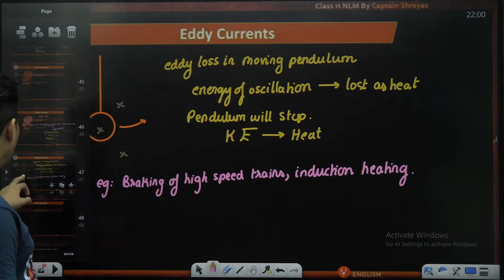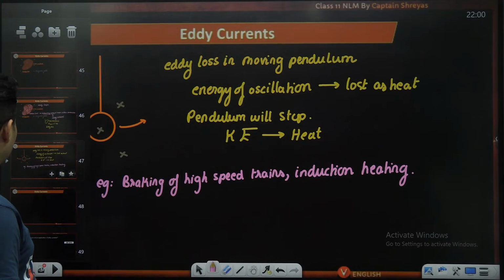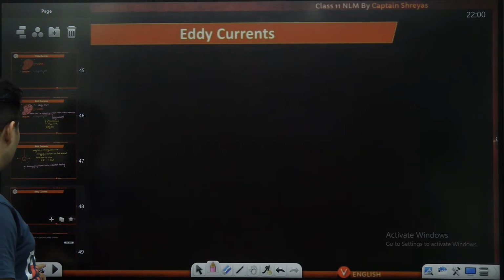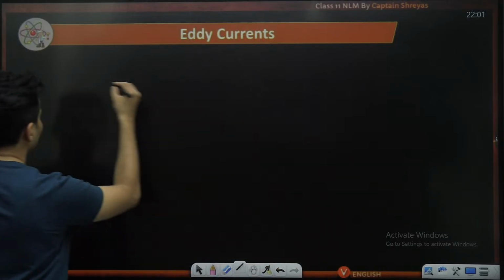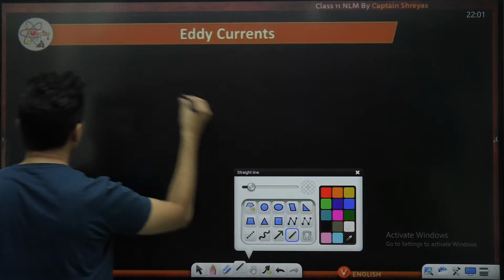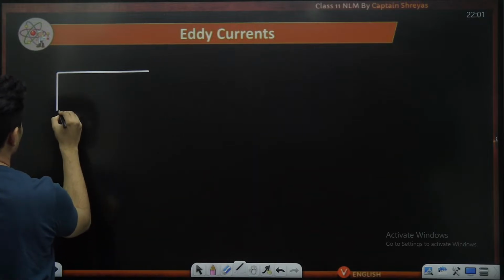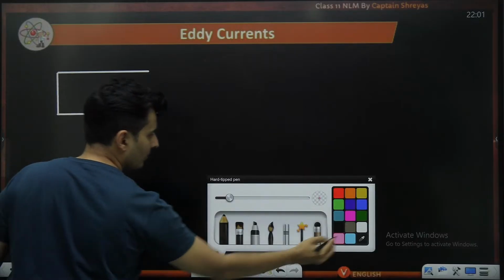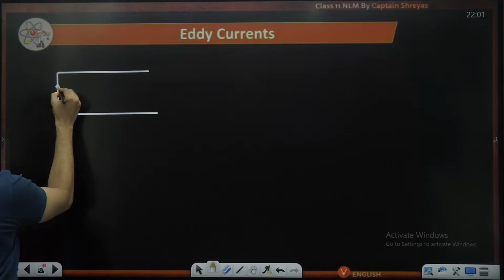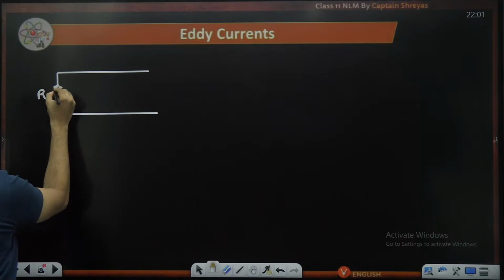Great. Now that we understand what eddy currents and this power loss are, imagine I give you a question, something like this, where we have a rail and there is some resistance over here.